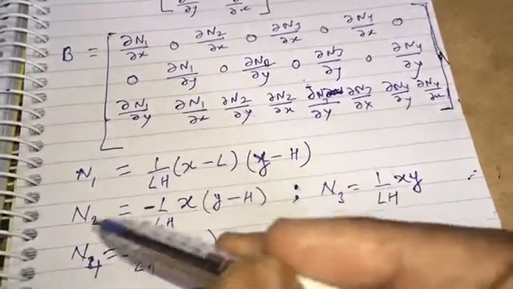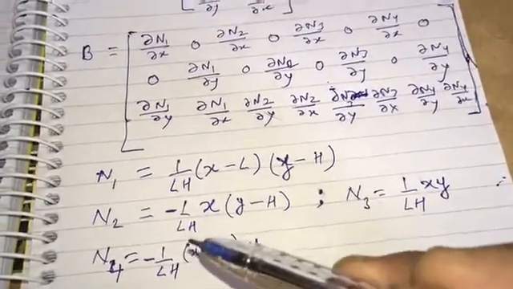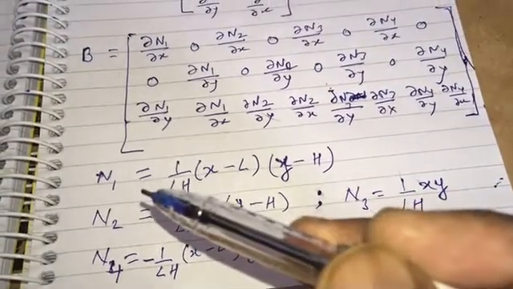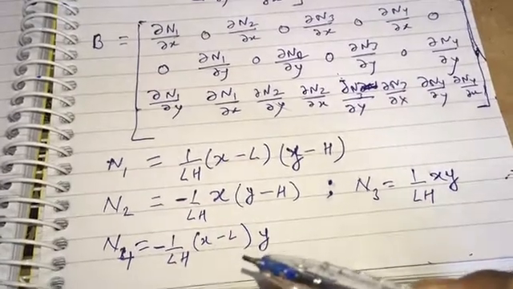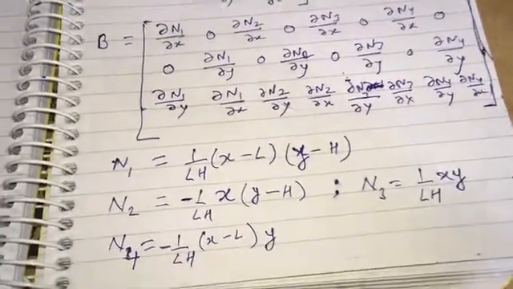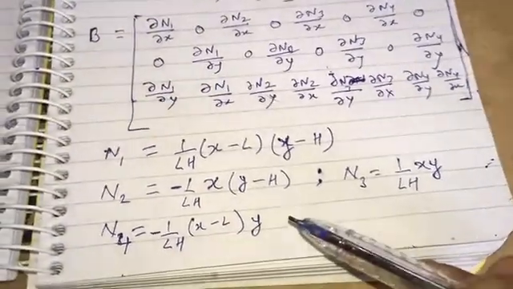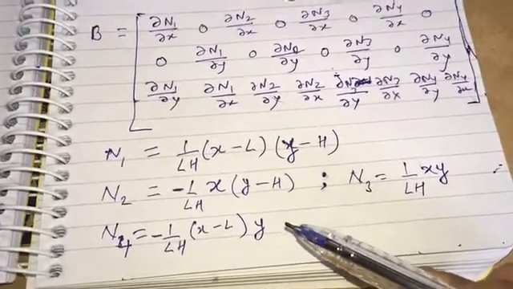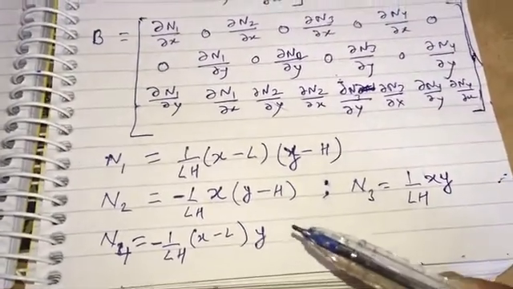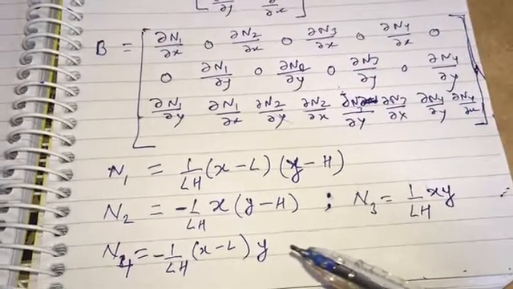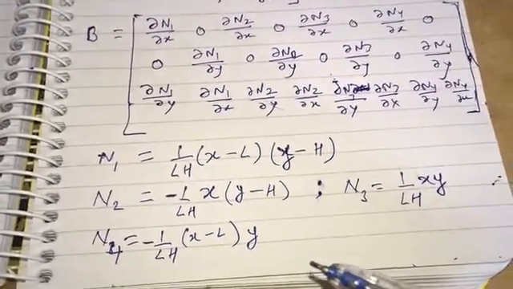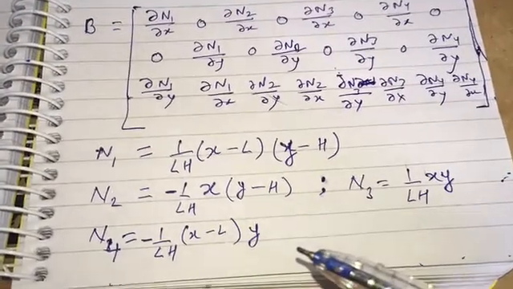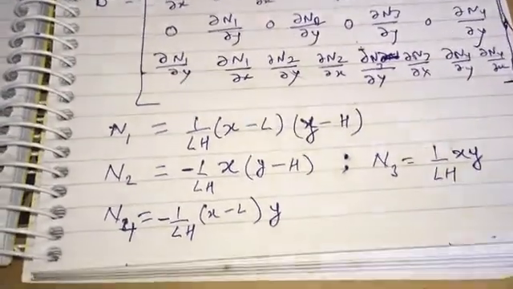Okay, and they are scaled such a way that n1, n2, n3, n4 are either 1 or 0 at those 4 nodes. Okay, again this is not the new thing we are doing here. We have already done this when we studied the 2D heat transfer problem. So we are just rewriting it here, but it is exactly the same thing.